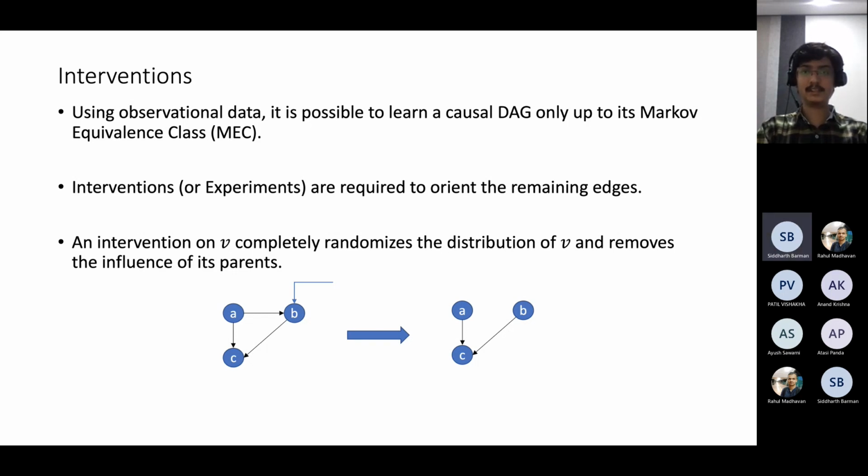Yes, that I'll define later. It is called a Markov equivalence class, and it has a well-defined structure with undirected edges. So we assume that the observational data is given, and using that it is possible to infer the correct Markov equivalence class.